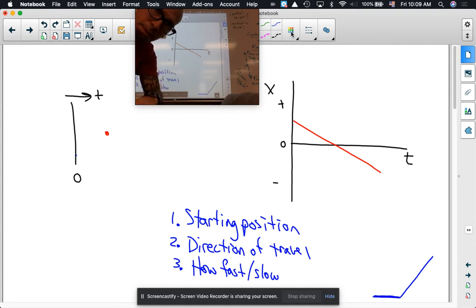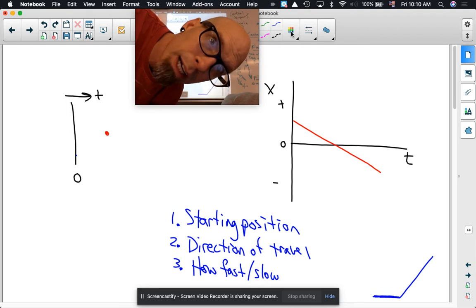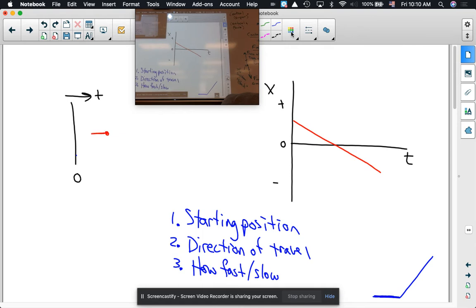All right? So what direction are my arrows going to have to be? What kind of slope do we have? Negative slope. So my arrows have to be negative, right? Oh, that way. So arrows are in the negative.